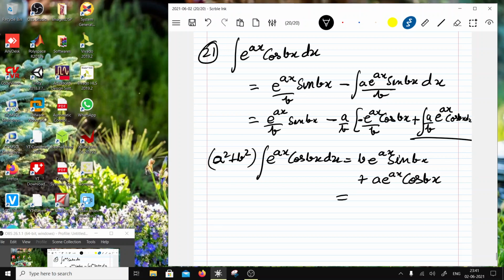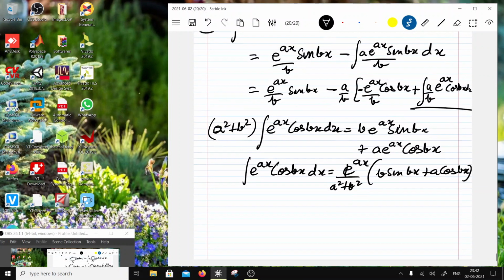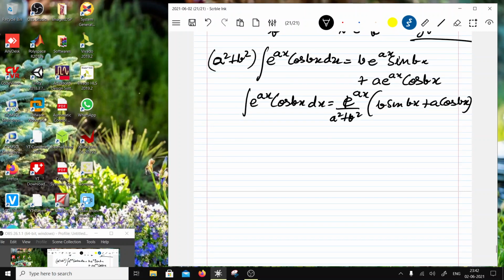So let's just write this out. Integral e raised to ax cos of bx dx would be equal to 1 over a square plus b square, e raised to ax common, b sine of bx plus a cos of bx, right? So that's the answer. So with this, I have done all the basic identities of integration.